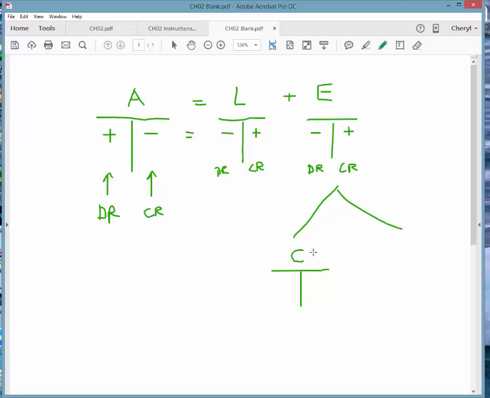So anything that the capital account is going to do is going to increase equity. So for the capital account, increases are going to happen on the same side that it increases on the equity, which would be the credit side. Decreases to the capital will happen on the debit side, on the left-hand side.